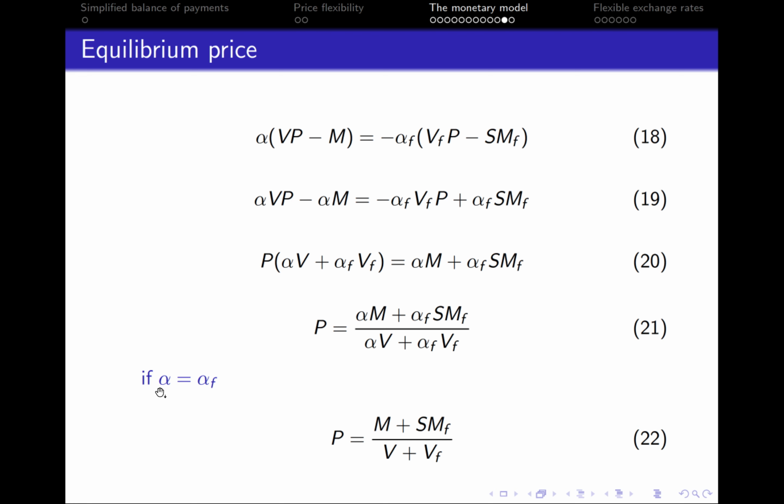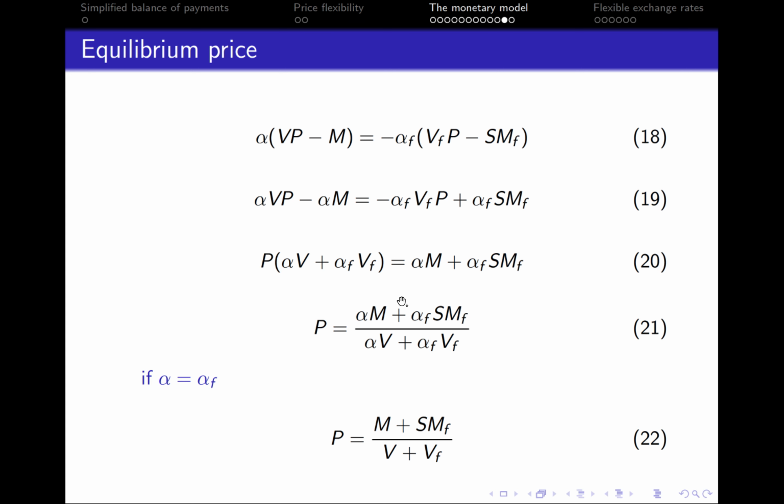In a case where they would be equal, the equilibrium price is simply equal to the sum of supplies over the sum of velocities.